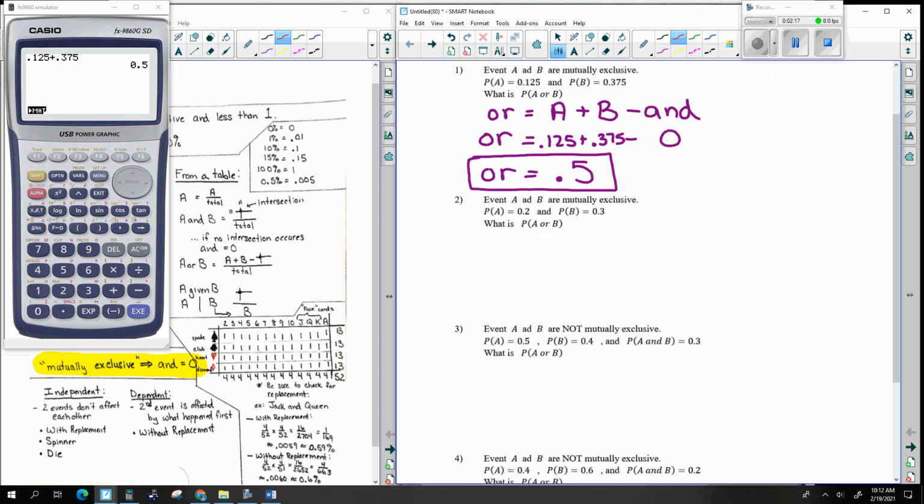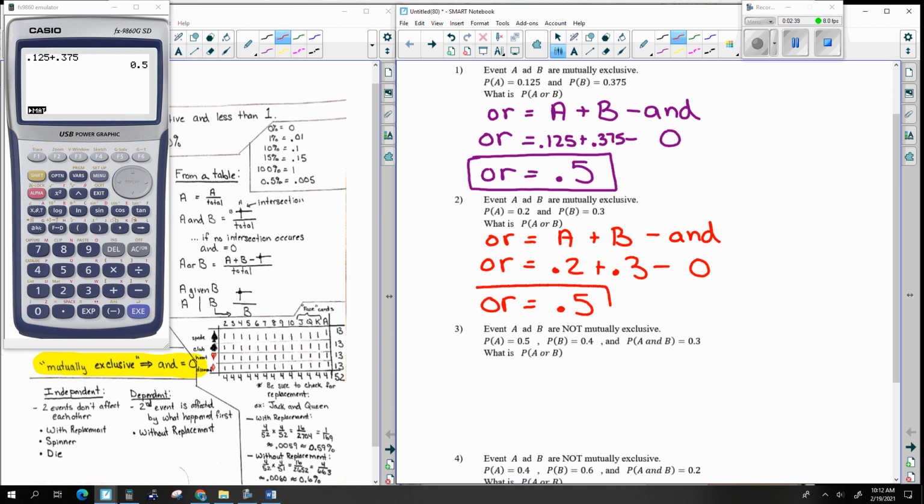Again, ultimately this question is or, so that's A plus B minus and. This is mutually exclusive, thus the and is equal to 0, and with simple mathematics, this is equal to 0.5.